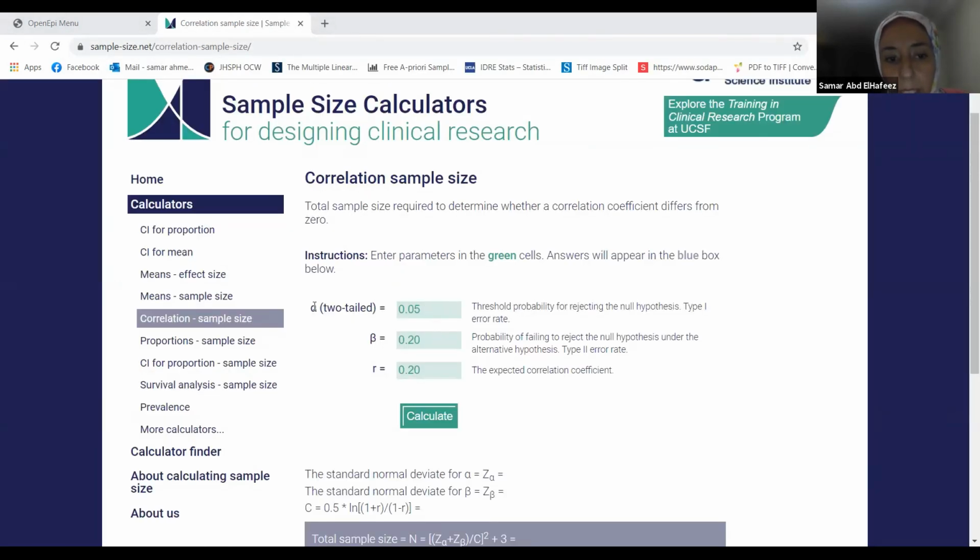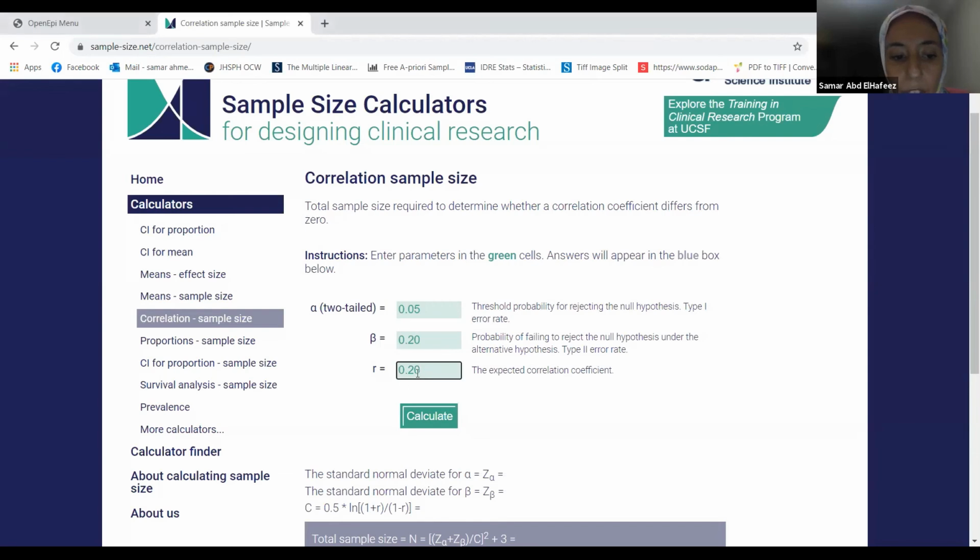So the first is the alpha error, and we said that we usually put it as 0.05. And this probability is the complement of the power. Some calculators ask me to put the power, and I usually put it as 80%. And some calculators ask me to put the complement of the power, and the complement of 80% is 20%, so it's 0.20.